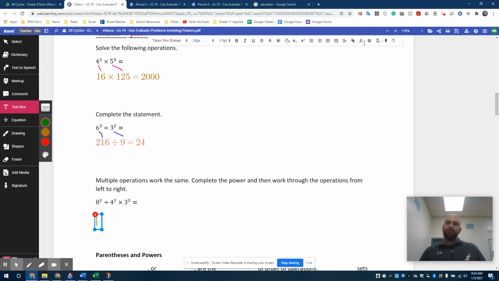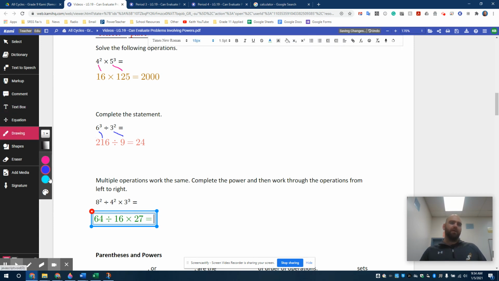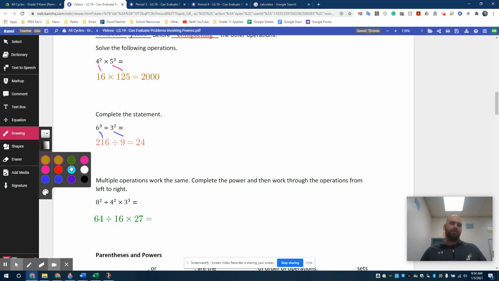So this one here, most of these we should be able to do without a calculator. 8 squared is 64, 4 squared is 16, and 3 cubed is 27. Now that one might be a bit more difficult as we're cubing. It's not a squared, but 3 squared is 9, and then we multiply that by 3, and that's 27.